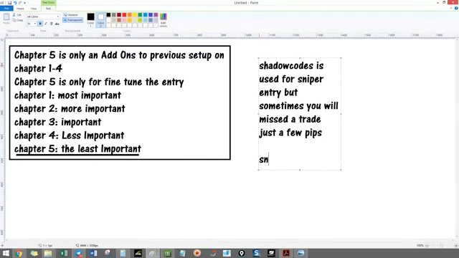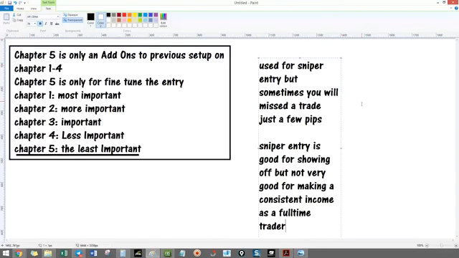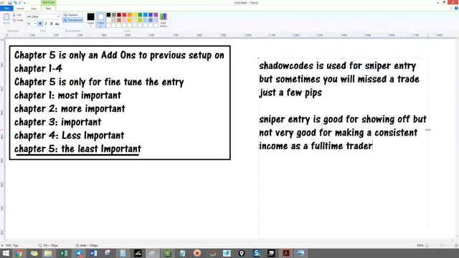Sniper entry is good for showing off, but not very good for making a consistent income as a full-time trader. So sniper entry, you can use it just for fun.